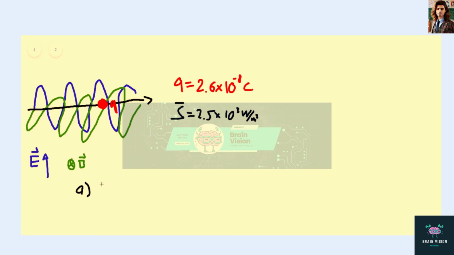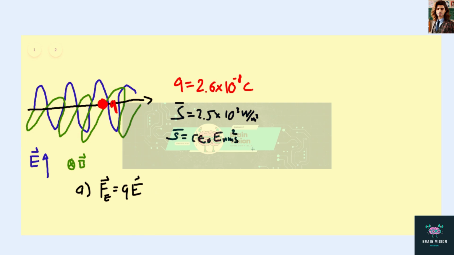Well, the electric field, or the electric force, sorry, F_E is equal to Q times the electric field. And so first we need to express the electric field in terms of the intensity. But we know that S bar is equal to c epsilon 0 times E_rms squared.